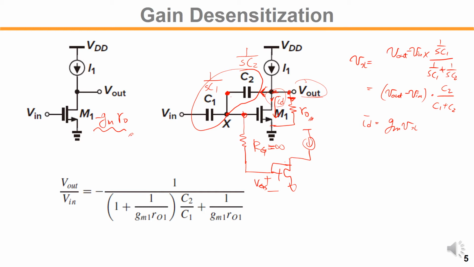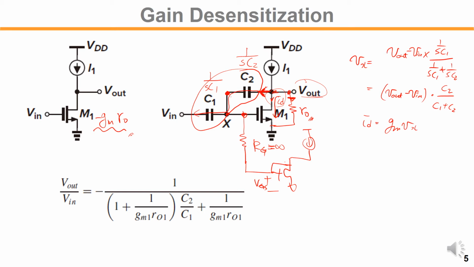So we have to take all the current sum equal to 0. Such current must be in terms of V in and V out. So we have to specify the current through this part, right? This current will flow to the input.